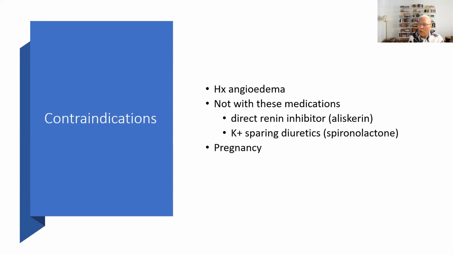And the other one is, of course, to avoid in patients who are taking potassium-sparing diuretics, because you remember that it increases potassium levels. So an example of a potassium-sparing diuretic would be spironolactone. Okay, and ACE inhibitors should not be given during pregnancy.